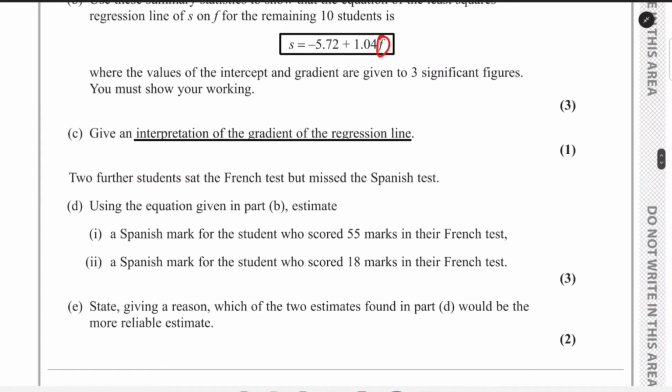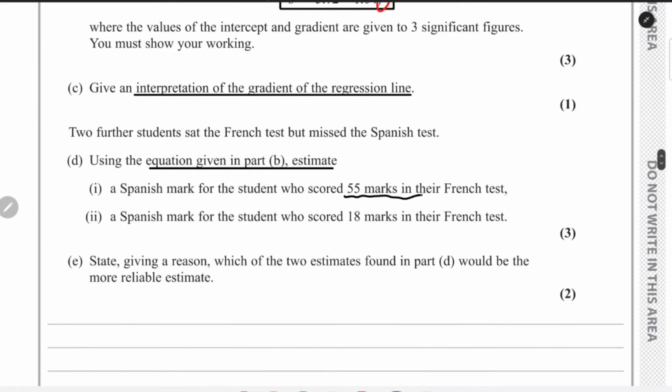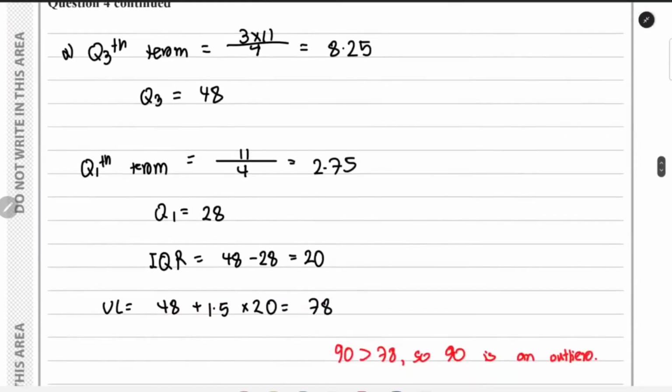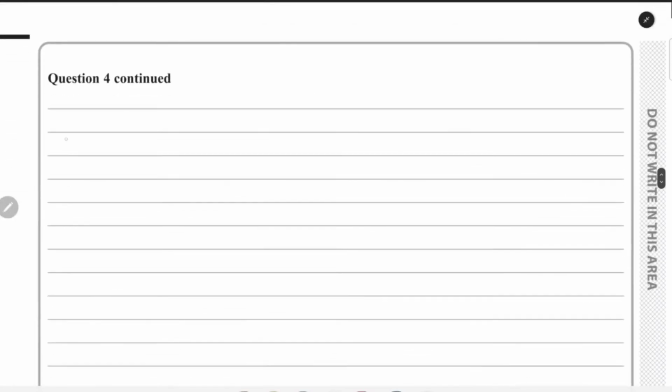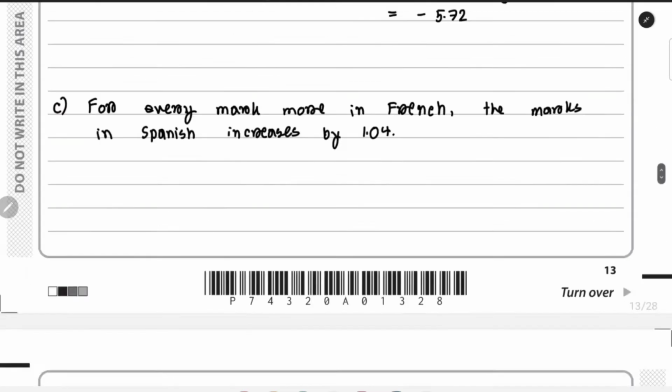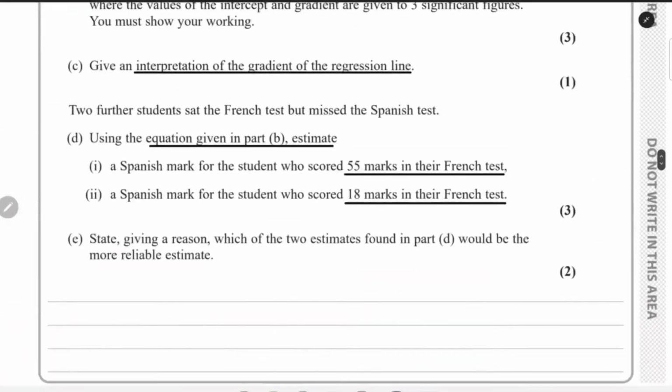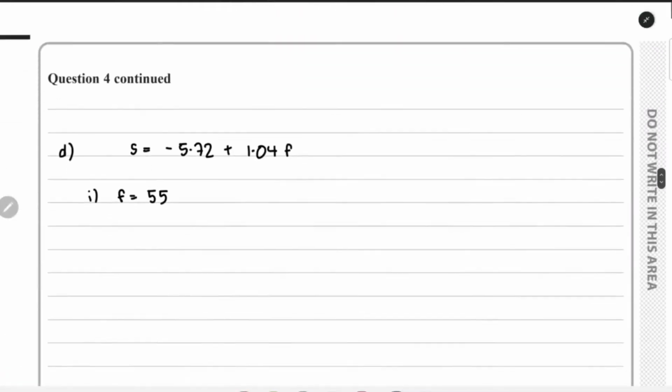Then we have to use the equation given above to estimate the Spanish mark for someone who scored 55 in their French test and someone who scored 18. So s equals minus 5.72 plus 1.04f. For the first, f equals 55, and for the second, f equals 18.